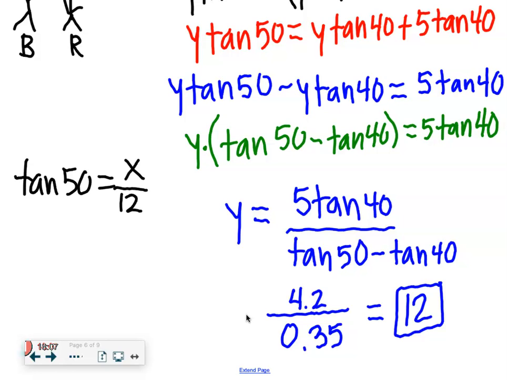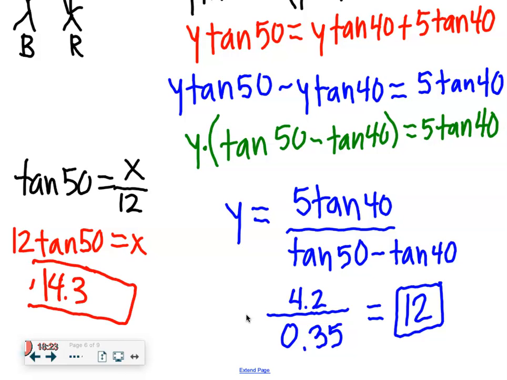How do I get rid of the 12? And now it's calculator work again. 14.3. Whew, that was rough.